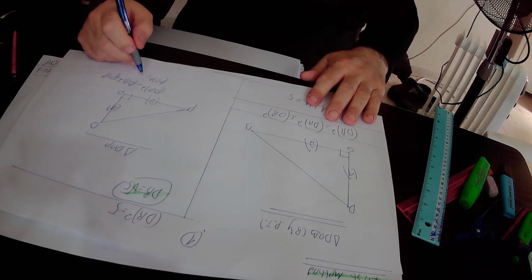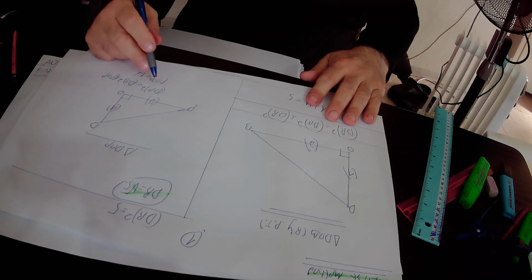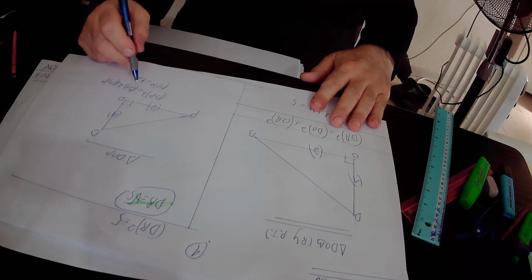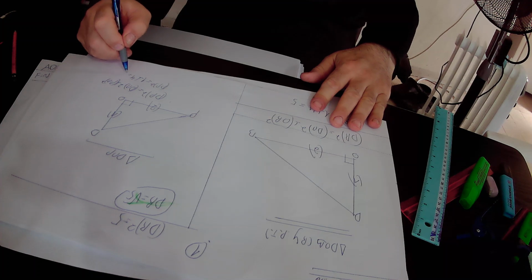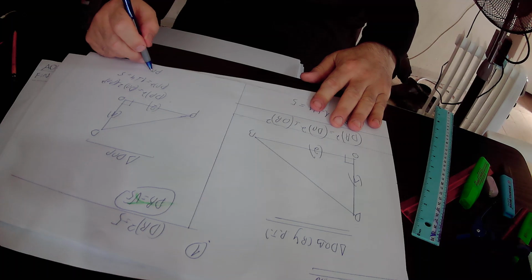DO is 1, therefore DO square is 1 square, that is 1, plus PO square. PO is 2, therefore PO square is 2 square, that is 4. So in total, DP square equals 5.